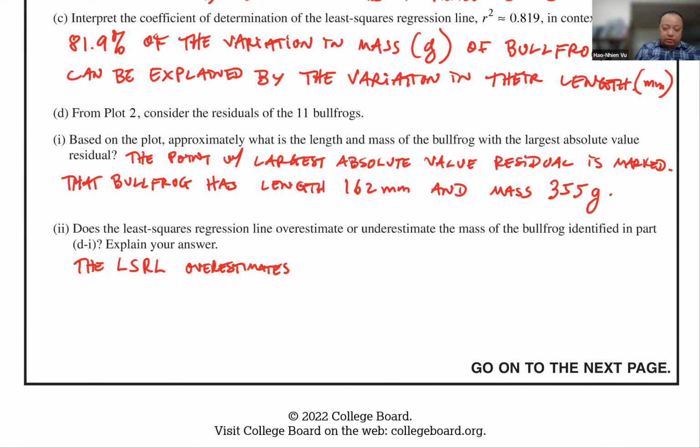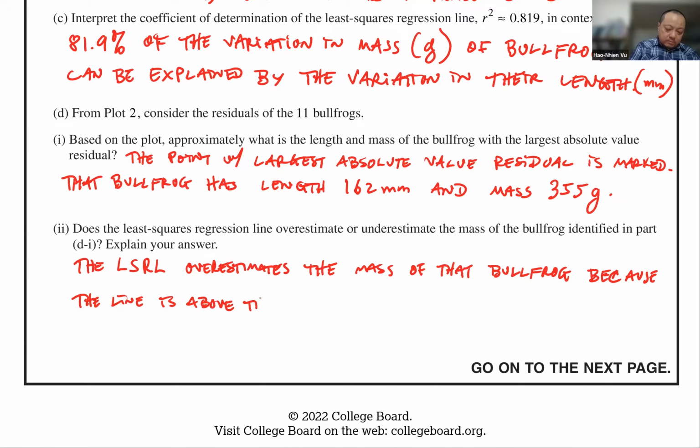The least square regression line overestimates the mass of that bullfrog because the line is above the point. I prefer to throw in numbers so it becomes obvious.